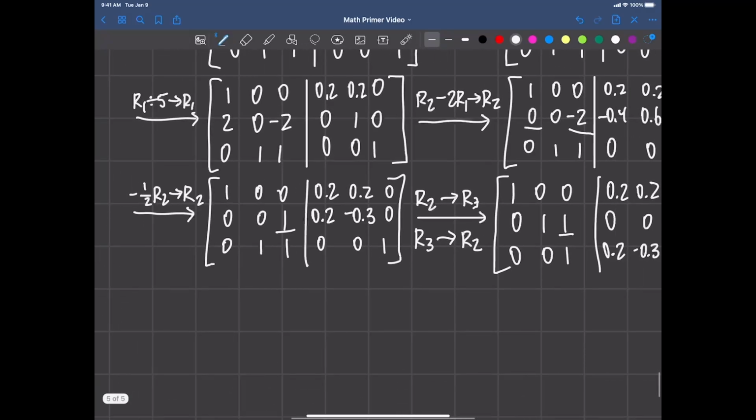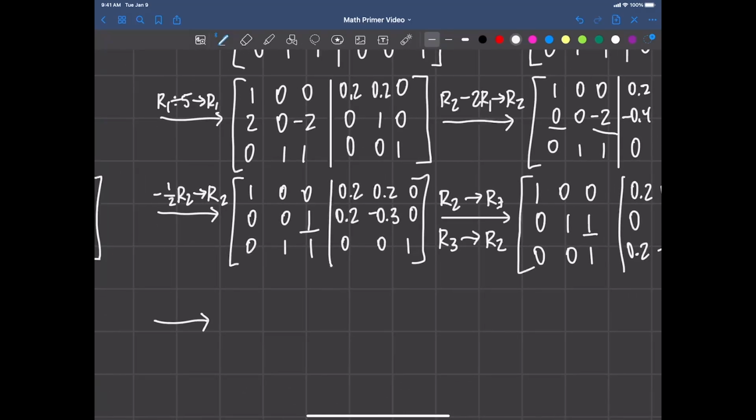Now one final operation. R2 minus R3, and apply that to R2.